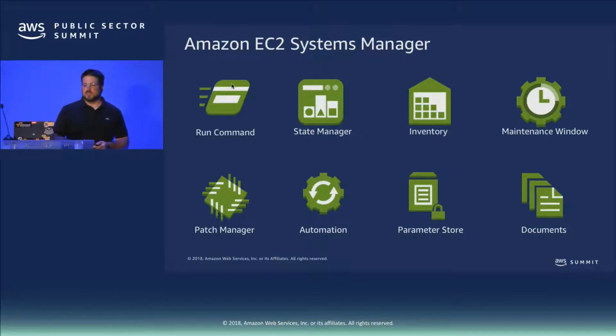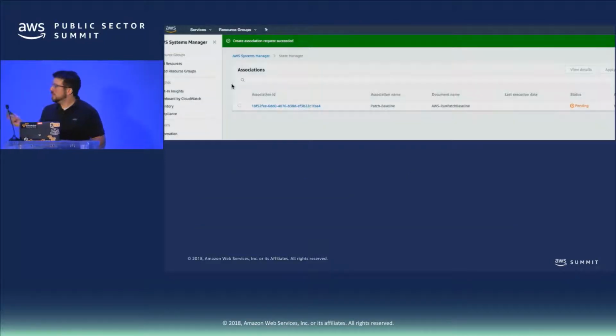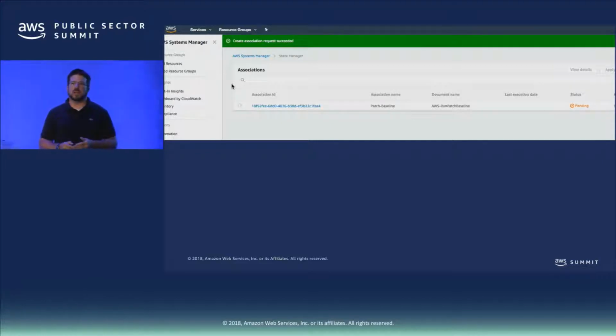One service that we can use to do this is Systems Manager. One of the cool functions within Systems Manager is that we can deploy patches to an identified subset of EC2 resources. As an example, we can identify a particular subset of hosts and associate it with a patch baseline. That patch baseline can align with whatever your organization's security posture is.